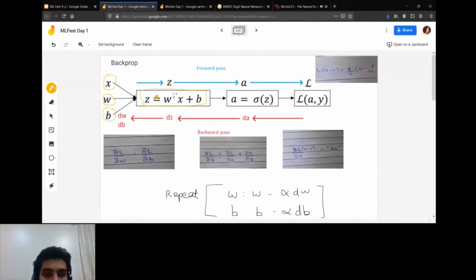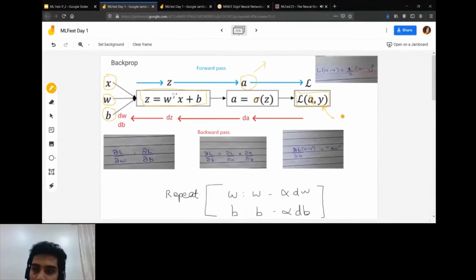Then we calculated Z, and we fed this Z to an activation function, in this case sigma, and from this we got the predicted output A. From that A we calculated the loss. This is our loss function, which takes in the predicted output and the real output that it should have given.